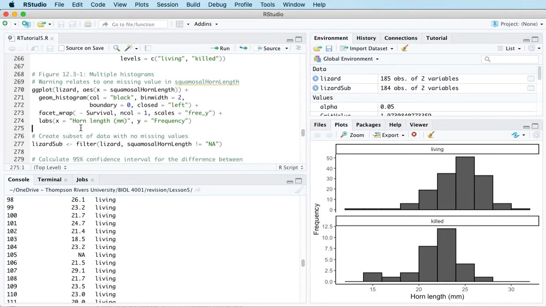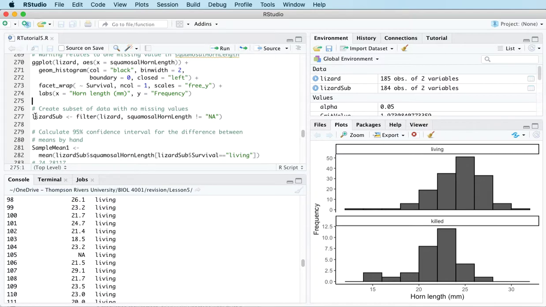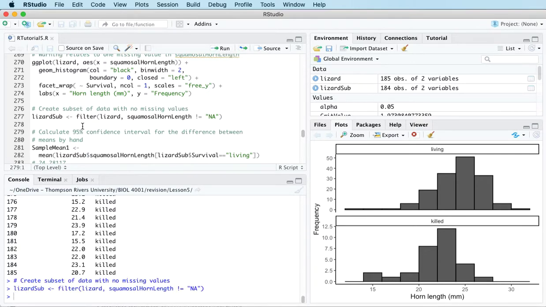So it's a little bit cleaner if I can just remove that from my data set so that I don't get any of these error messages or warning messages in R. So I'm going to do that using this filter function.